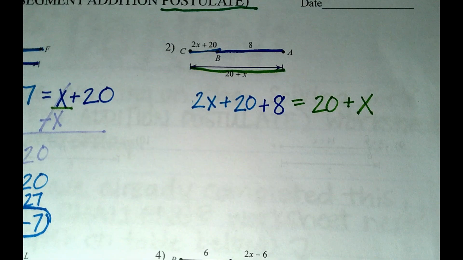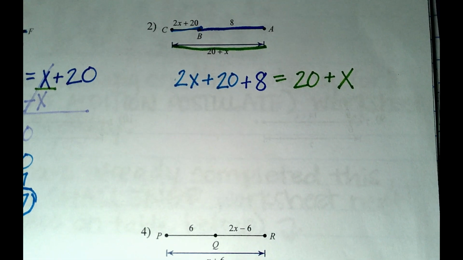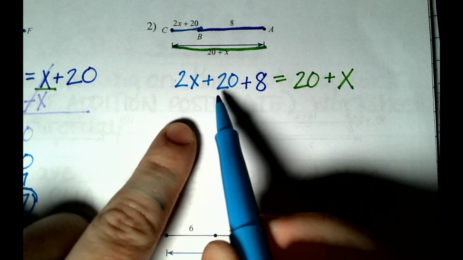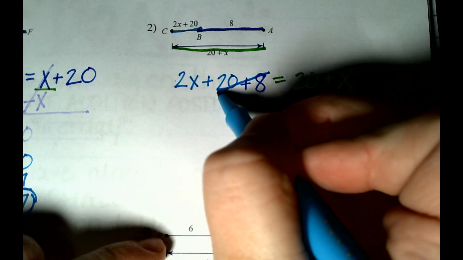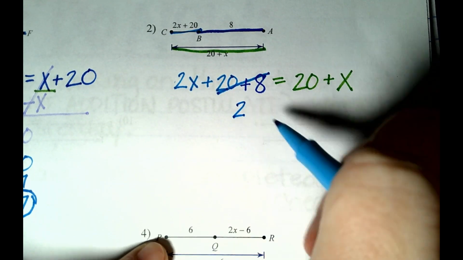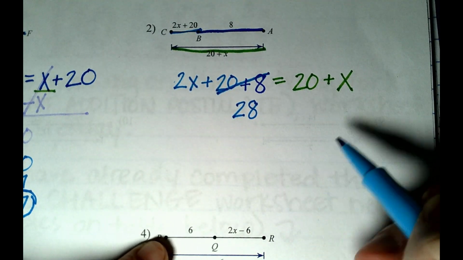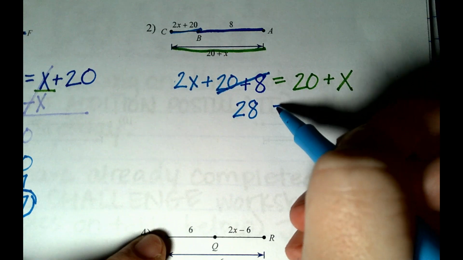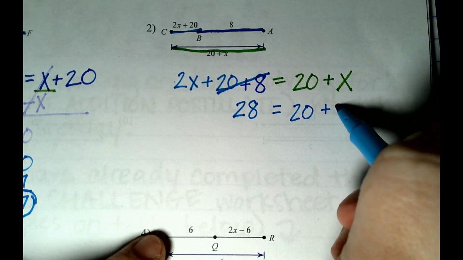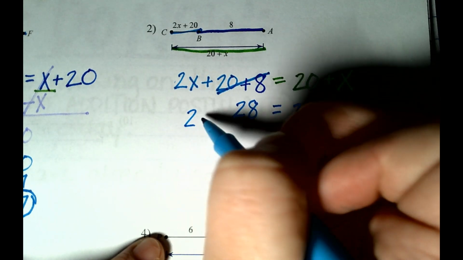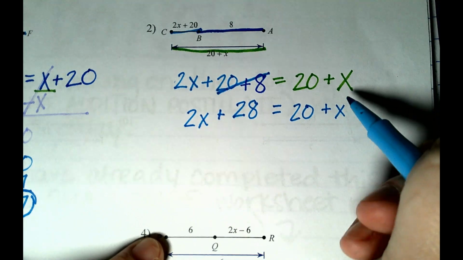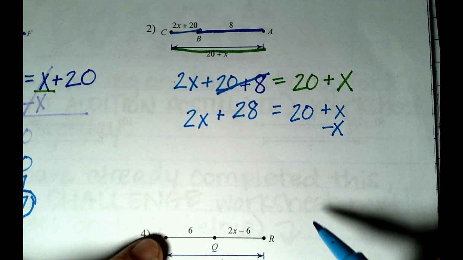So, just like we said in number 1, we want to combine like terms first. So, what like terms do I have to combine? Yep, I've got 20 and 8. And what would that turn into? 28. Okay. Then what could I do? I'll bring everything down. Let's subtract the x. Yes, let's subtract that x from both sides.